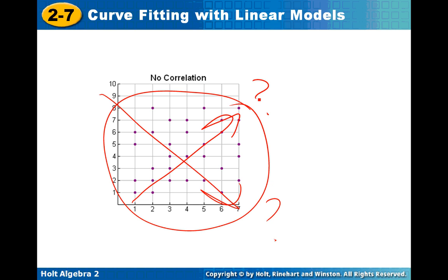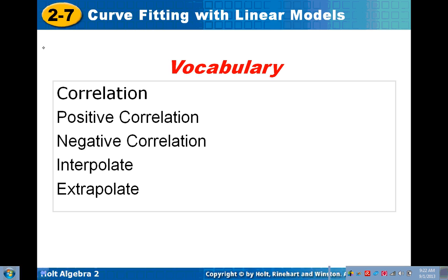Some of them have a positive correlation, but then some of the others have a negative correlation. There's not really any correlation at all. Just because my domain values increase, that doesn't mean my range values do anything. The range values sort of do what they want, when they want.